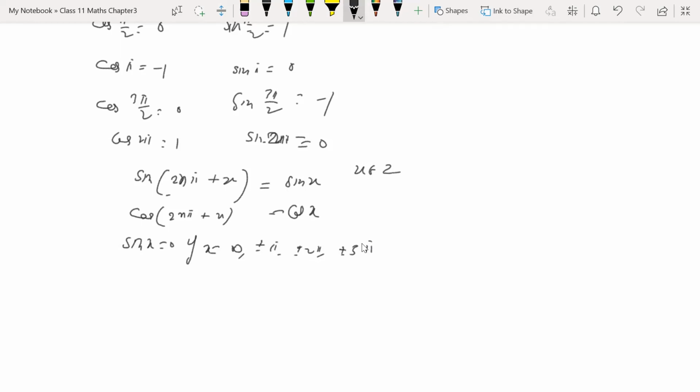That is, an integral multiple of pi. And cos x is equal to 0 if x is equal to plus minus pi by 2, plus minus 3 pi by 2, plus minus 5 pi by 2, and so on.